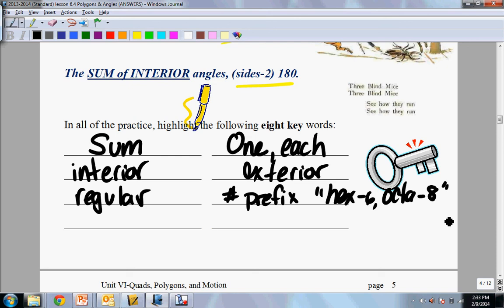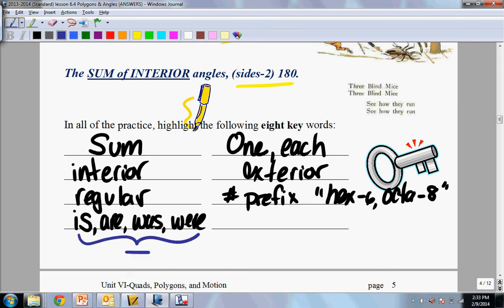So watch out for those prefixes. Another one, look for variations of is, are, was, were, which are all summaries of an equal sign.